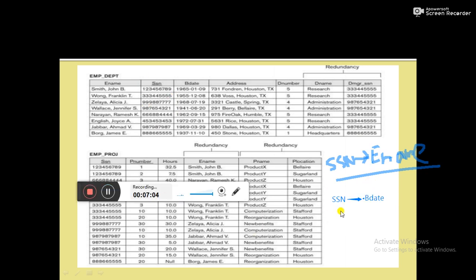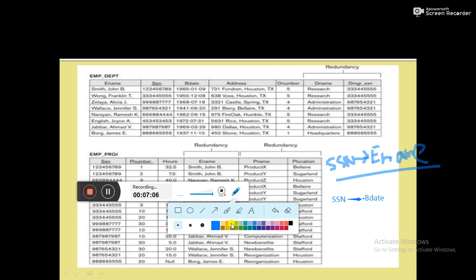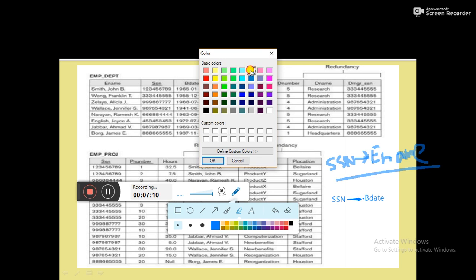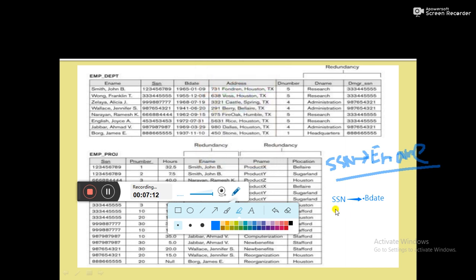And next, can we write SSN arrow birth date? That means birth date is functionally dependent on SSN. We can write it if for a particular value of SSN there is a unique value of birth date. So as per the real world perspective, is it true or false?